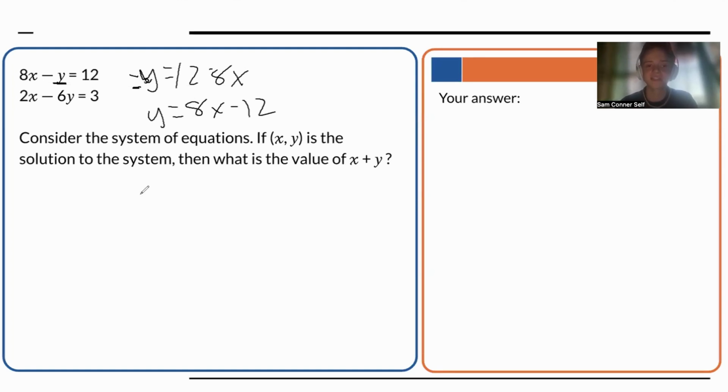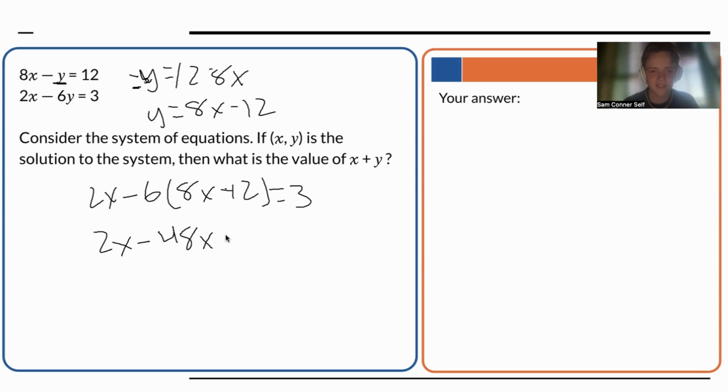Once you get this, you can plug that in for y and solve. So it will be 2x minus 6 times (8x minus 12) is equal to 3. So 2x minus 48x plus 6 times 12, which is 72, is equal to 3.